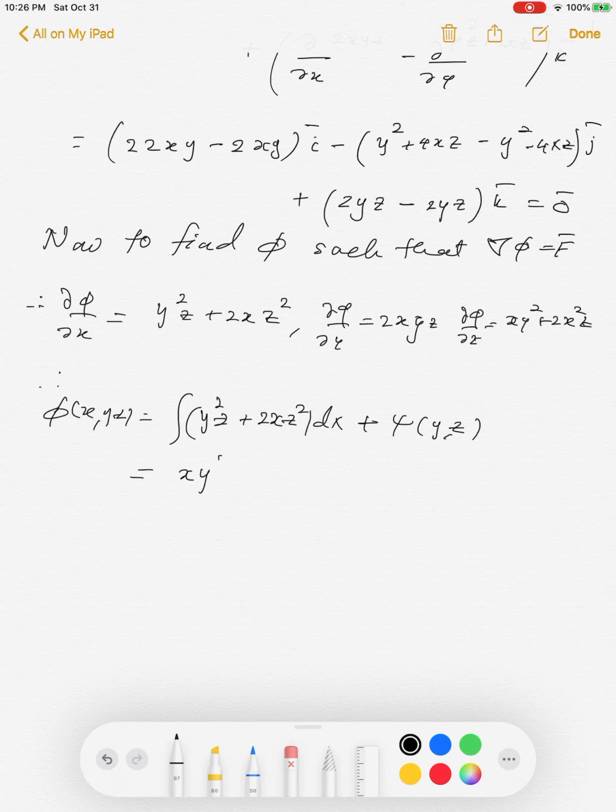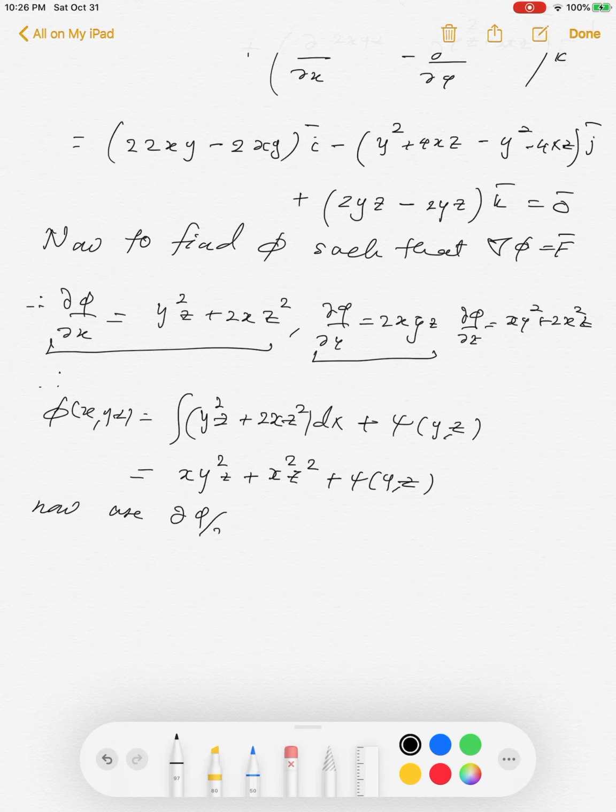So when you integrate it, you are going to get xy square z plus the integral of 2xz square with respect to x, which will be x square z square. 2 and 2 in the denominator will cancel, plus psi yz. Now let's call these 3 equations. So we have used this. Now we use the other one.